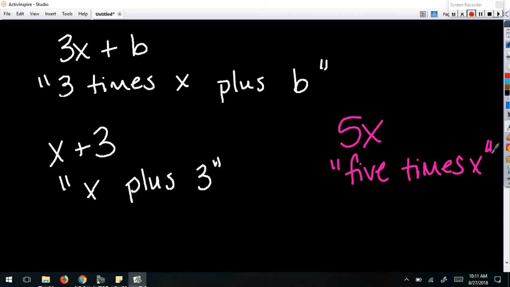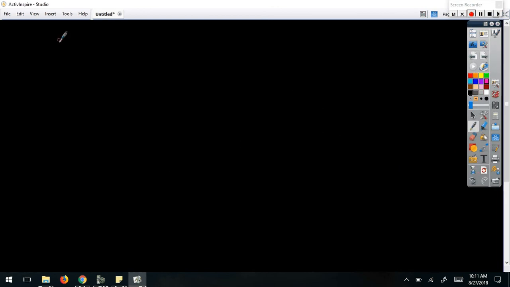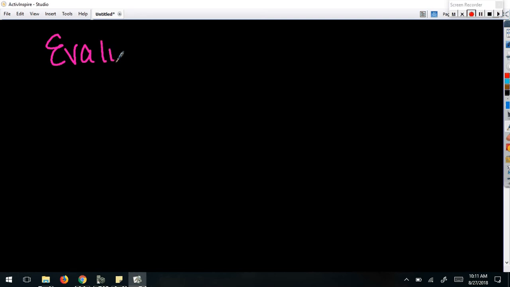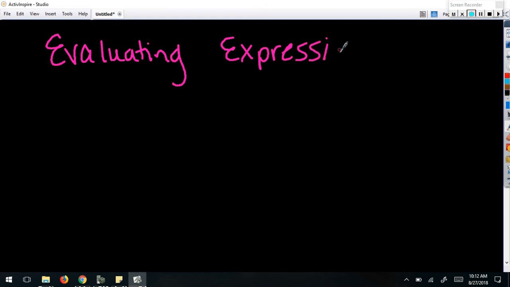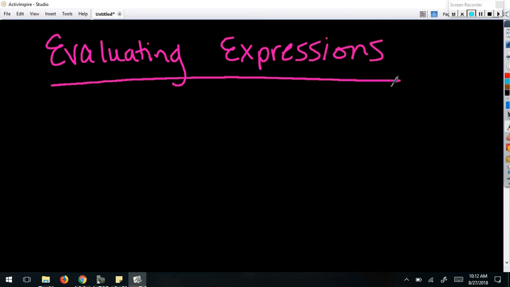Okay, so let's do this. Let's evaluate some expressions. I'm going to call this evaluating expressions. Let's say I give you an expression, okay?